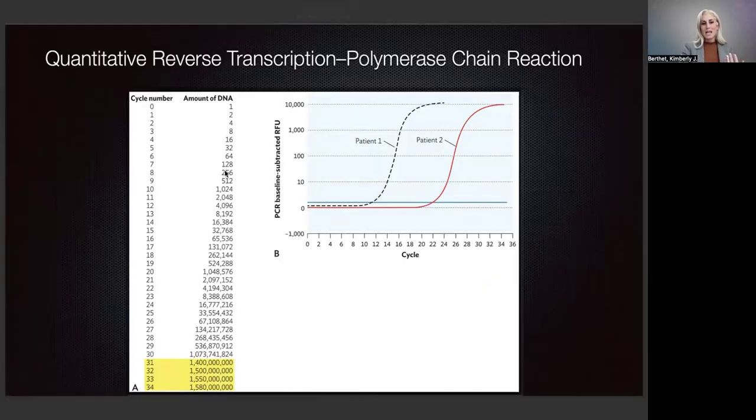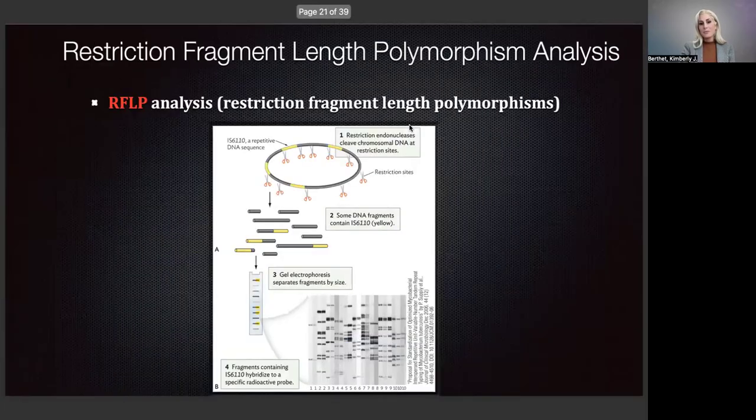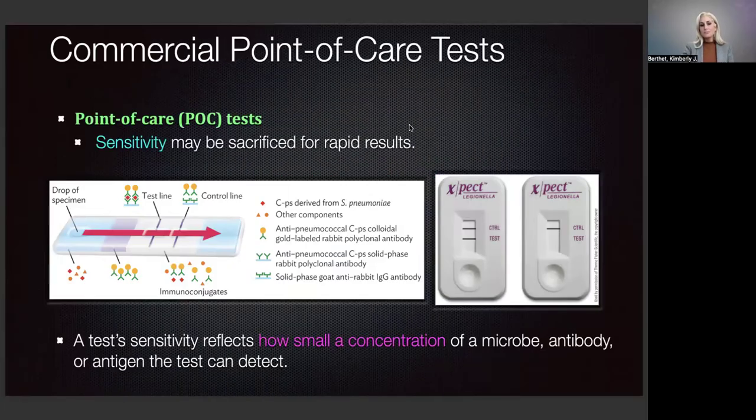So we can amplify so easily. So again, the more you come in with, the faster you're going to hit those thresholds and move up, the more accurate those tests are. But point of care is also great because we can get results right away. So we do sacrifice sensitivity a little bit.